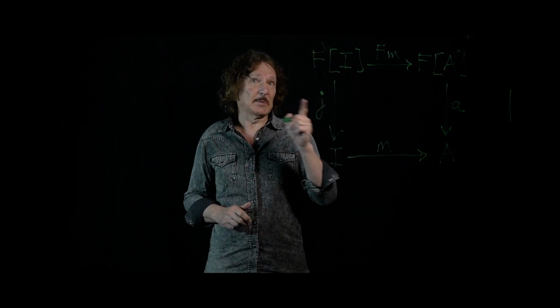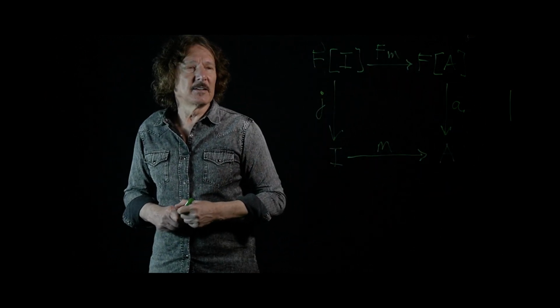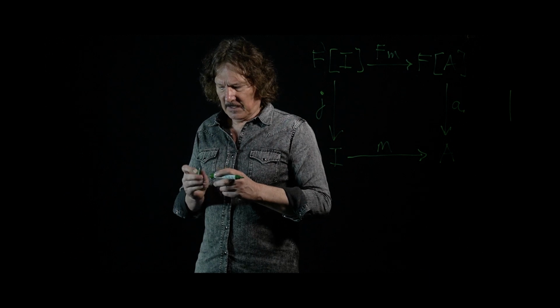So now we know that this initial algebra is actually given by the fixed point of a functor. We can rewrite this diagram using the fixed point.